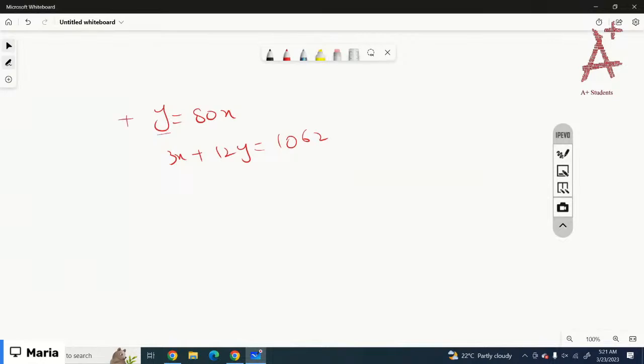Here you don't have x, so it would be 0x. So we can write the matrix with the x values 0 and 3. Then the coefficients of y, here you have 1 and here you have 12. Then on the other side, y equals 80, not 80x.